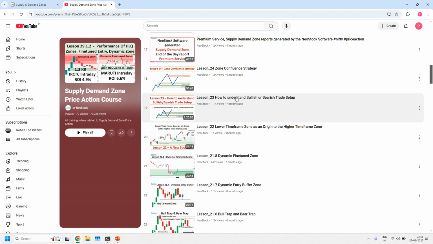What is this high probability trade setup zone? That I will explain. But before that, those high probability strategies are built by making use of lesson 23, lesson 24 concepts and the EMA concept you learned in phase 2 training, that is I think lesson 17, where you learned EMA confluence.